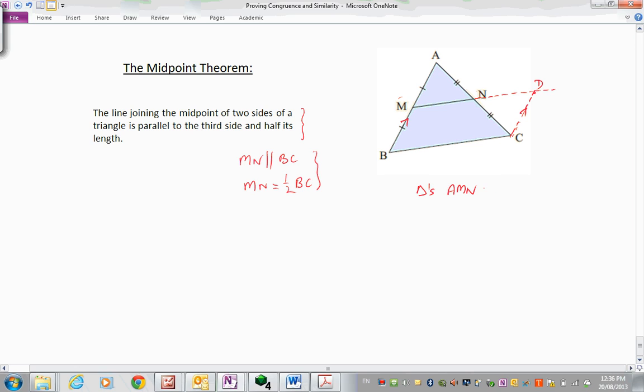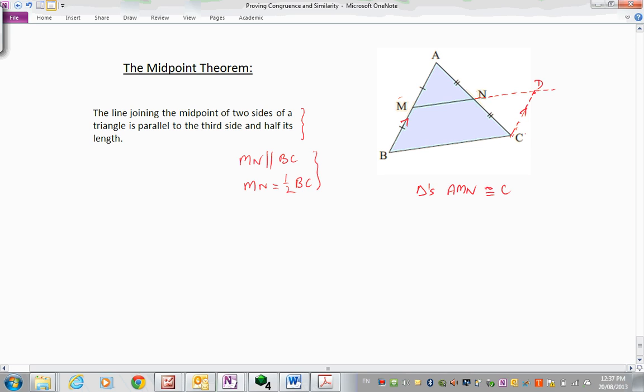So the triangle AMN is equivalent or congruent with, let's match it up, AM is going to be CD and AN is NC. So here, AM is going to be the same as which angle here?